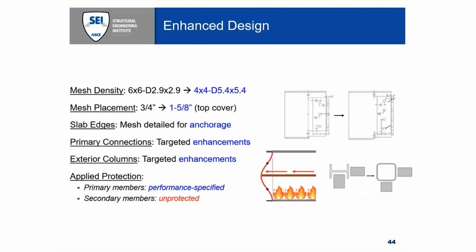Also, at the slab edges of the building, we detailed proper anchorage of the mesh passing at a low enough elevation along the periphery shear studs to provide a sufficient level of anchorage to make sure that as the floor deflects, the slab does not fall off the supports.